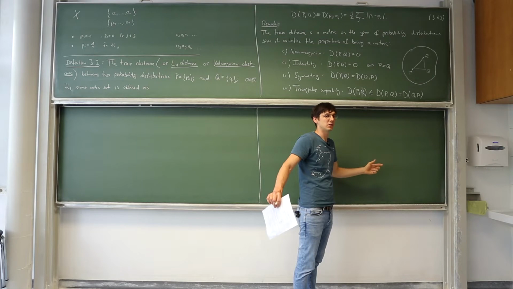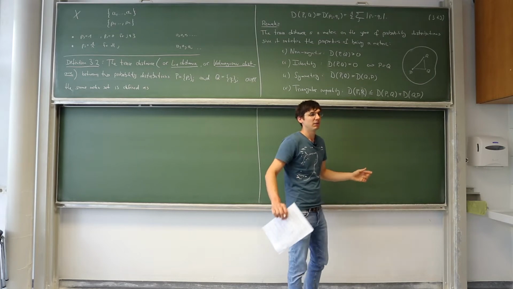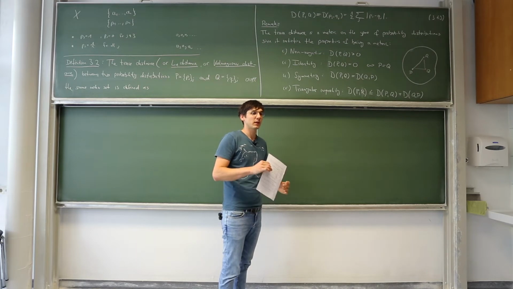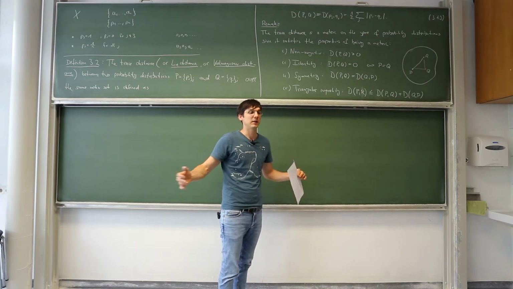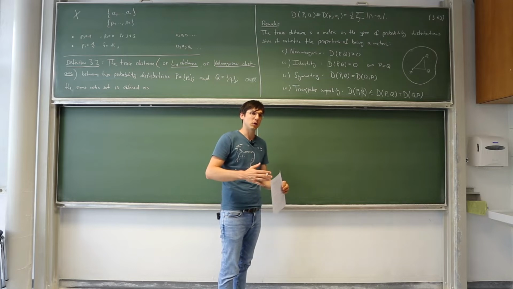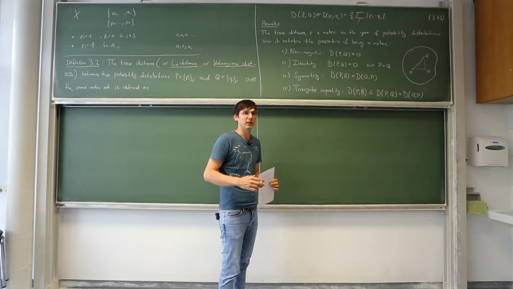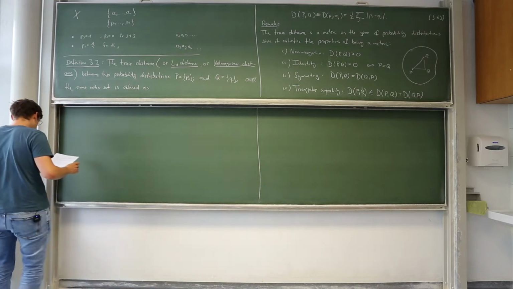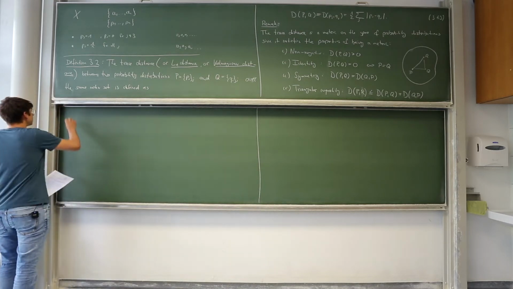The fidelity has inverse properties: it is 0 if they are maximally different, and 1 if they're maximally similar, so if they're equal. So this is our definition 3.3.